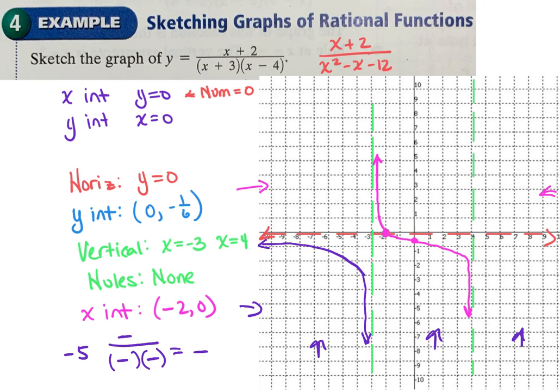Well, positive 5 plus 2. Is the numerator going to be positive or negative? Positive. Positive 5 plus 3, it's going to be positive. Positive 5 minus 4. All right, so this guy's going to be up here. We know he cannot touch this guy because we've already crossed over the only place that we can. We know it can't touch this one because it's a vertical asymptote. So it's going to look like that.